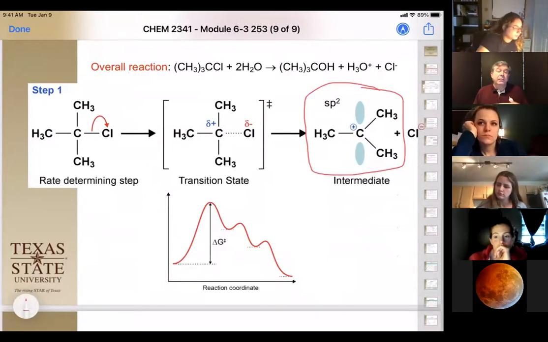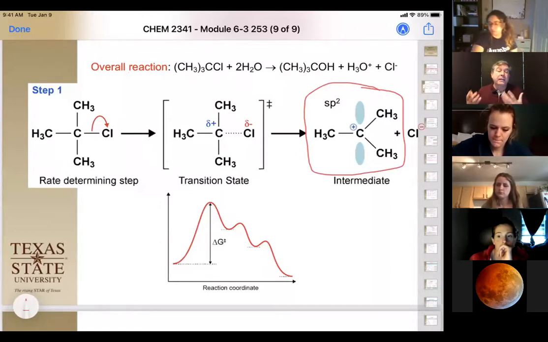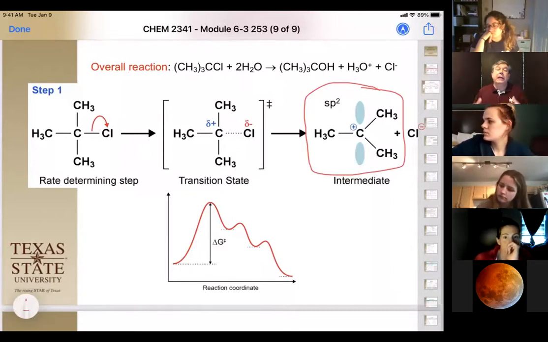Now, because we have a charged species here, carbocations can react more readily with neutral species like water or alcohols than if they didn't have that positive charge, because those are weak nucleophiles. So we can actually put these groups on. We can use weak nucleophiles with our carbocations because our carbocation already has a high energy state.